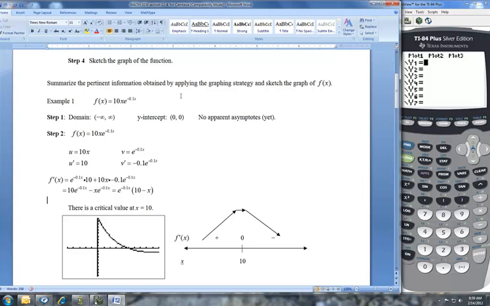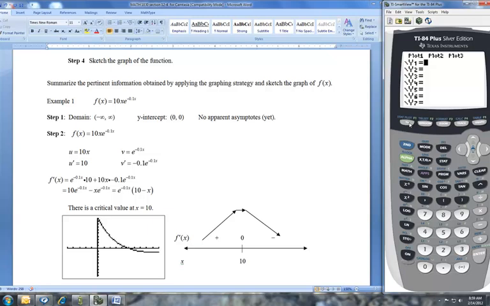So now let me put this piece right here into my calculator: e to the negative 0.1x, and then 10 minus x. I already know where it should cross. Now remember my window, right now it's a decimal window, so if I do zoom 6, I'll get some of this, but I had to extend it.